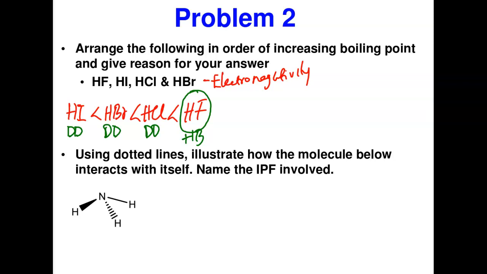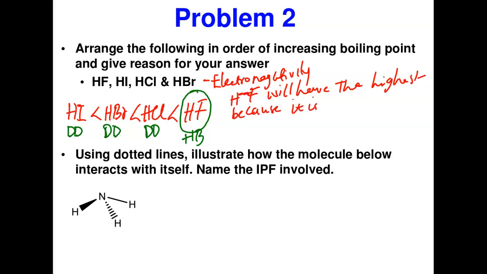All right? So you can use any one you want to do. You can decide to put it any way that best fits you. So we can say the HF bond will have the highest boiling point because it is most polar.